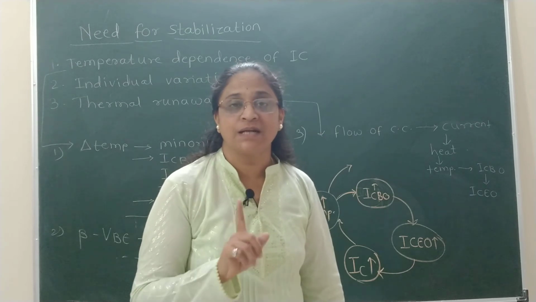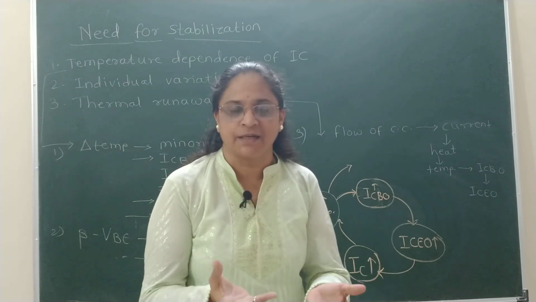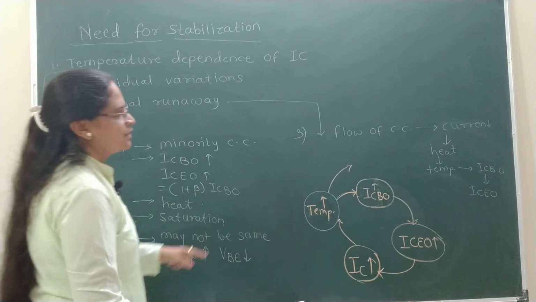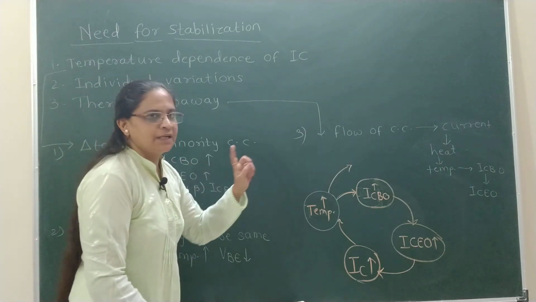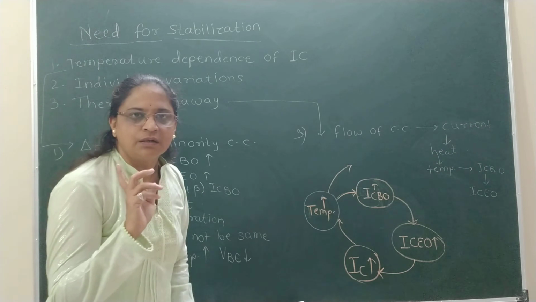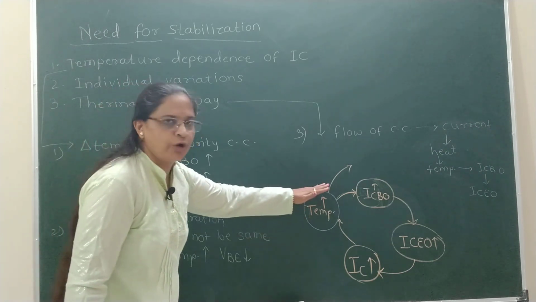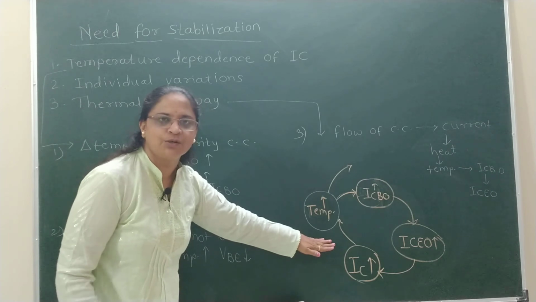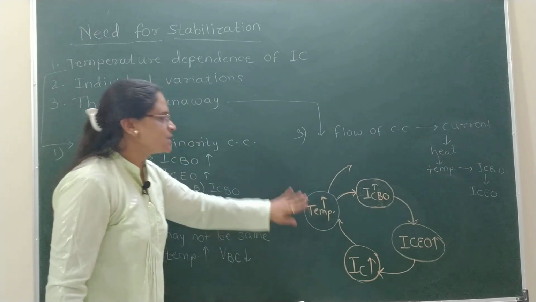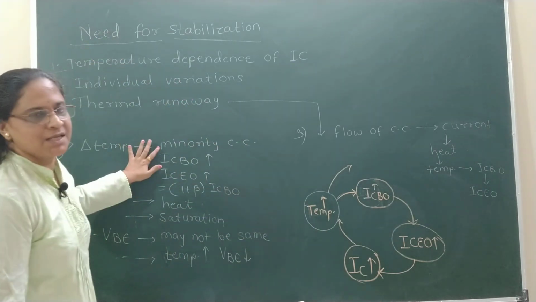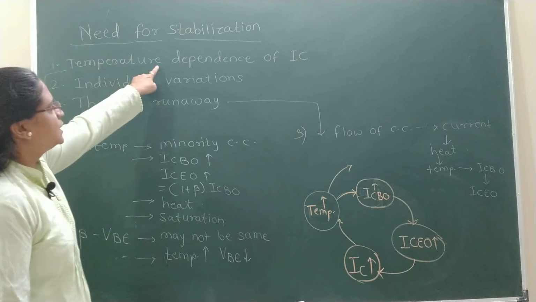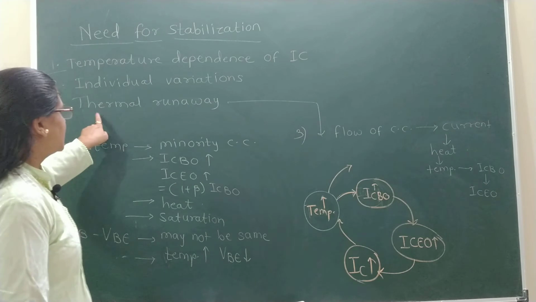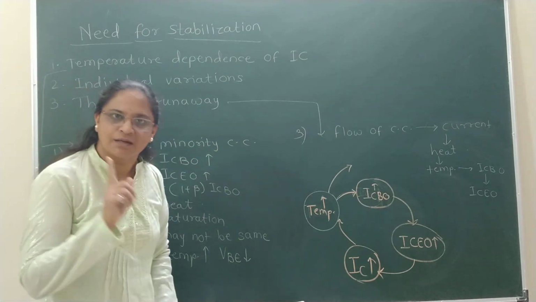It will damage the transistor because of overheating, and that is nothing but thermal runaway. So it is essential to keep IC independent of temperature to avoid thermal runaway, the self-destruction of the transistor due to overheating. That is the need for stabilization: to make IC independent of temperature variation and individual variations of transistors, and to avoid thermal runaway.